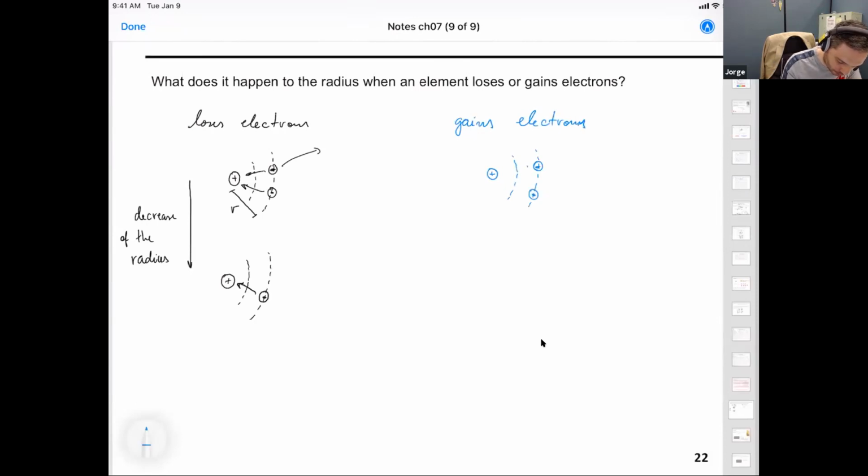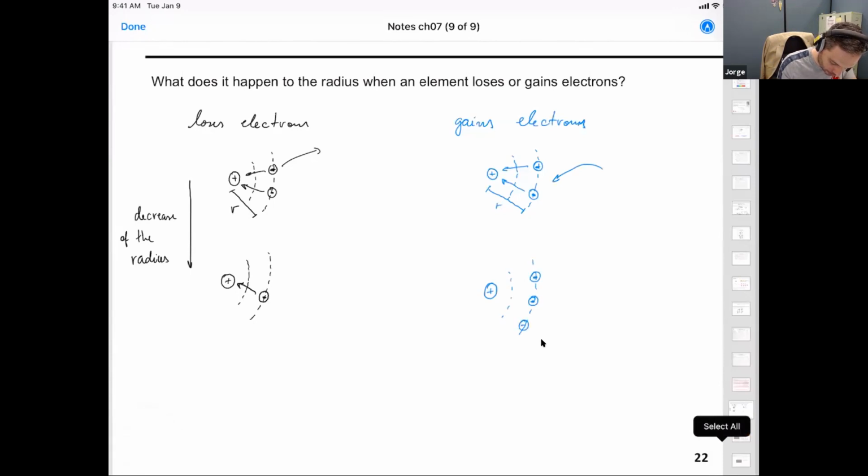So again, the nucleus will pull the charges as close as possible. And the distance between the nucleus and the very last shell, that's the radius, okay? So again, you have 10 friends at a party, so you have to dilute your attention throughout 10 friends. If a new friend comes in, so if an electron is added, now instead of two in the very last shell, you have three.